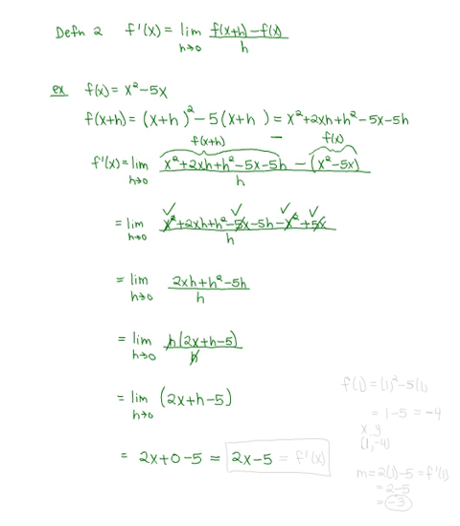And this, of course, equals the derivative of the function that we are trying to find. So we started out with x squared minus 5x, and found, using this limiting process, that its derivative is 2x minus 5. And that's the example we're going to use for definition number 2.